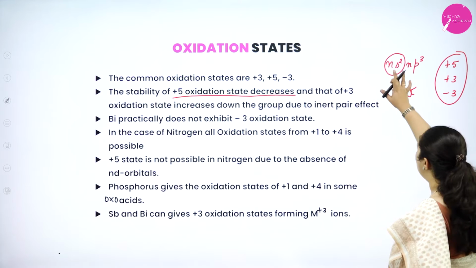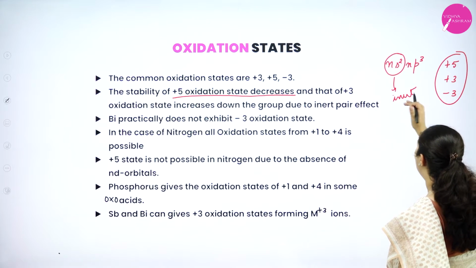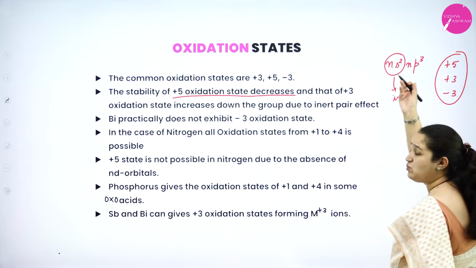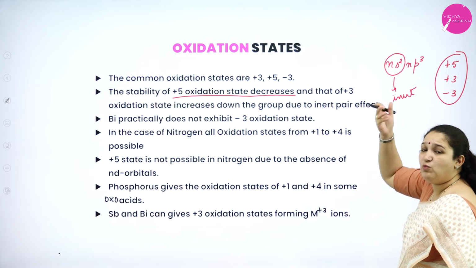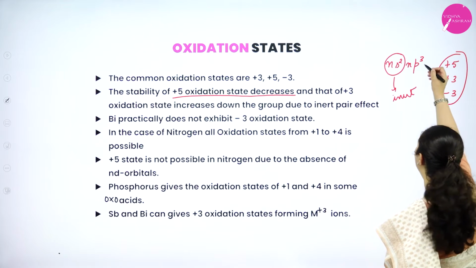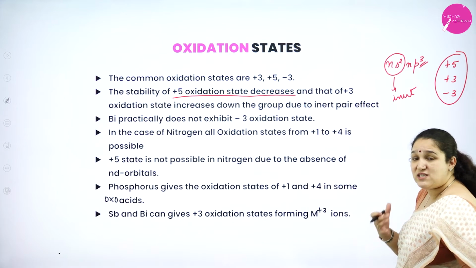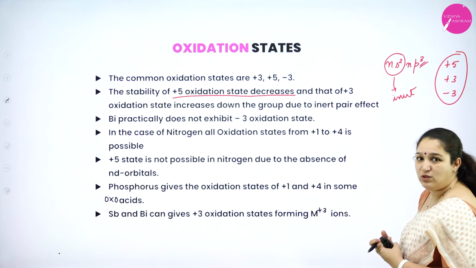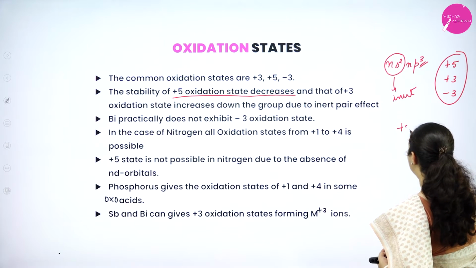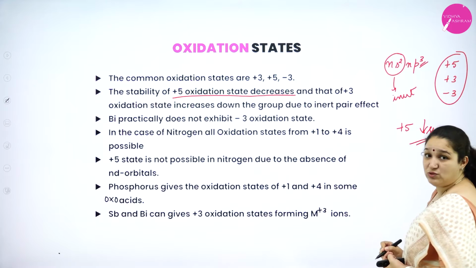Thus these two electrons become inert, and if these two are not involved in bond formation, then what will be the oxidation state? It should be +3 only, because we have only 3 electrons, isn't it? So +3 oxidation state stability will increase as we come down the group, and +5 oxidation state decreases as we come down the group.